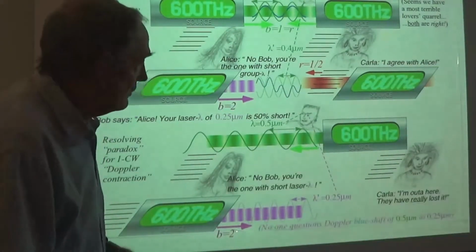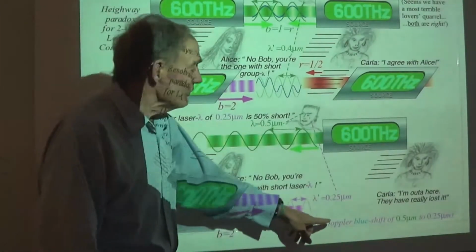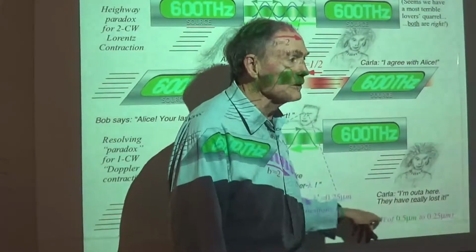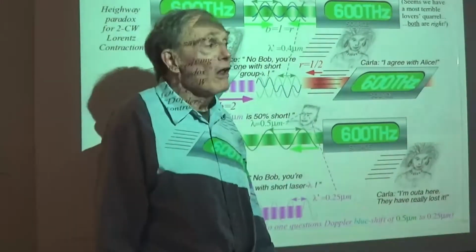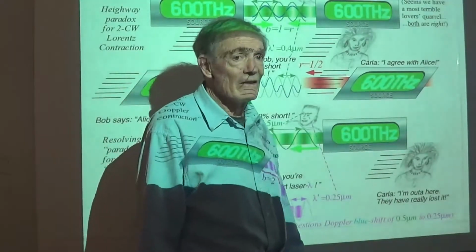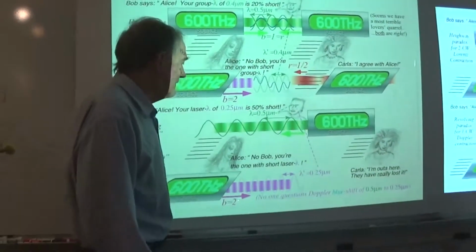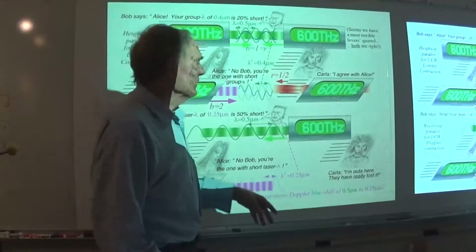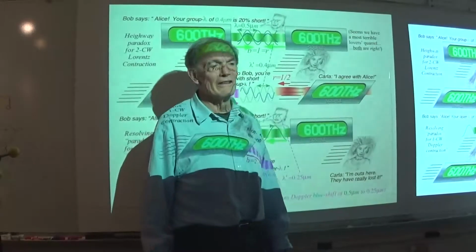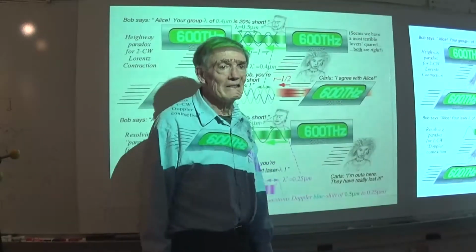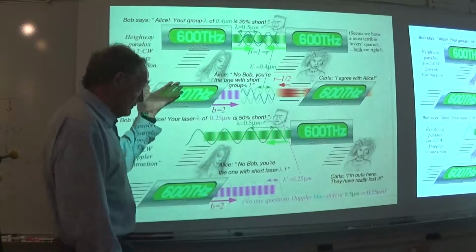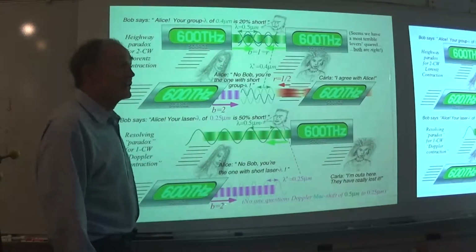What it really boils down to is no one questions the first order Doppler shift, which is behind all of this. Okay? Well, Carla can see this immediately. She says, I'm out of here. These guys have really lost it. This destroys this as a paradox.